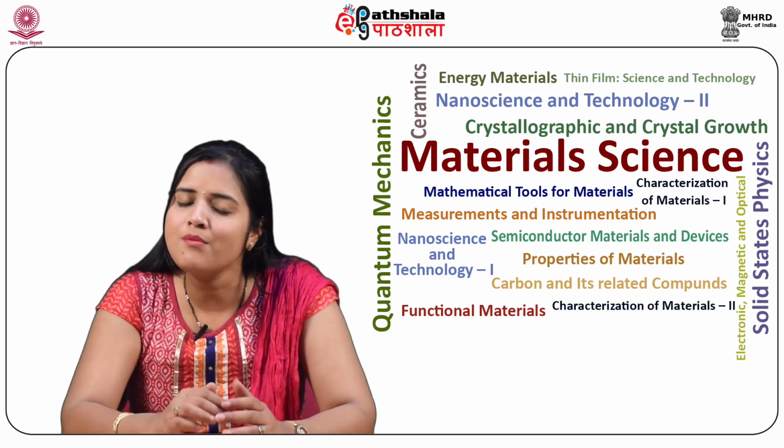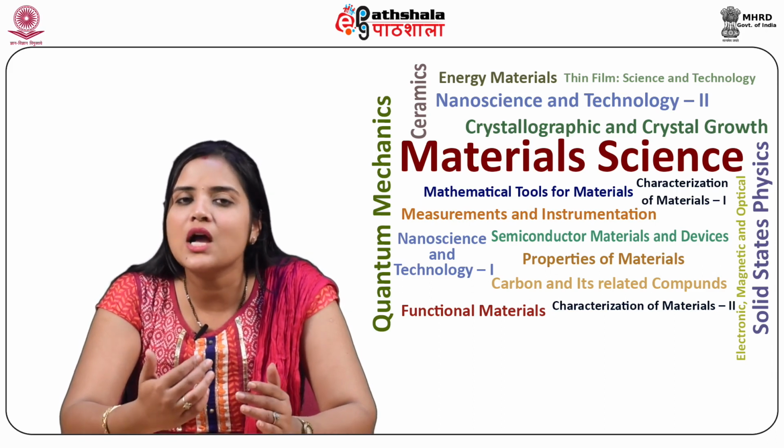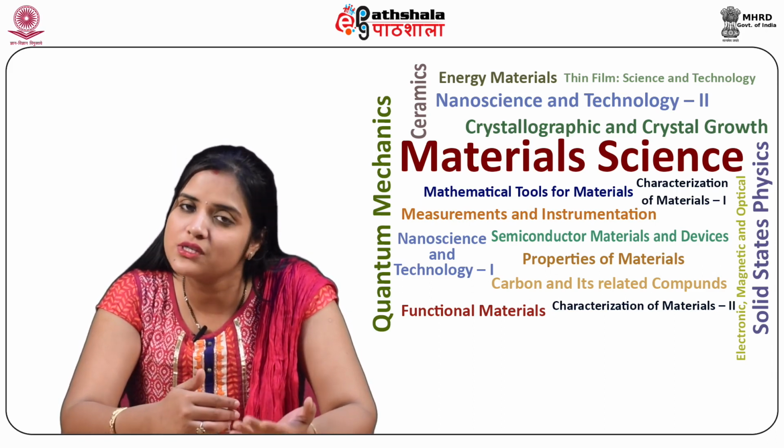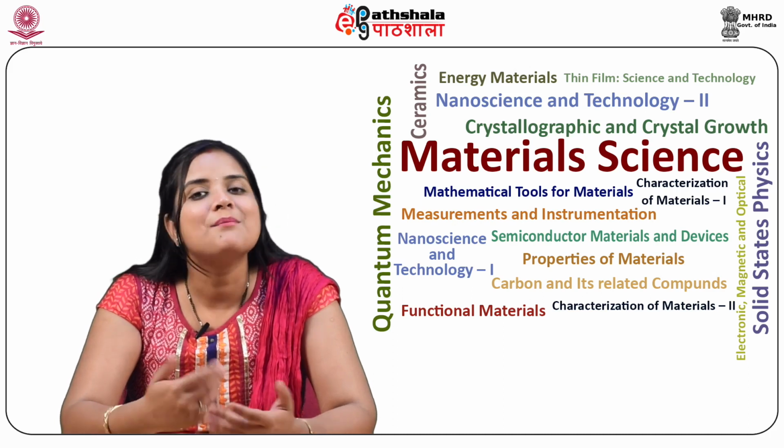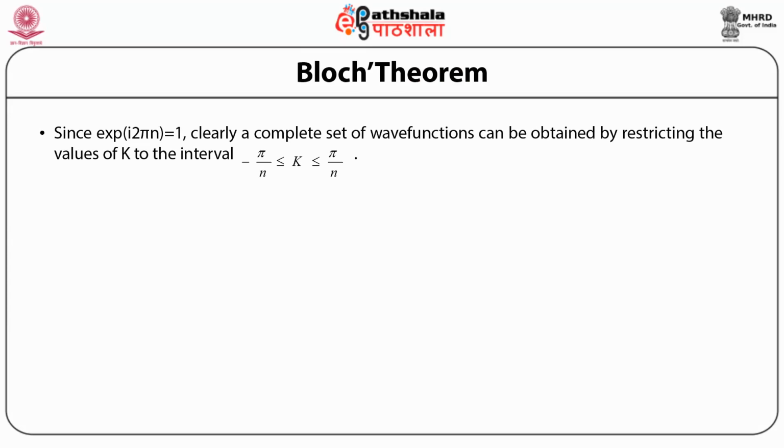So, using the condition described by equation 2, we may represent the two quantities lambda 1 and lambda 2 in the form lambda 1 is equal to exponential iota kn and lambda 2 is equal to exponential minus iota kn. Since exponent of iota into 2 pi n is equal to 1, clearly a complete set of wave functions can be obtained by restricting the values of k to the interval k greater than or equal to minus pi by n and less than or equal to pi by n.